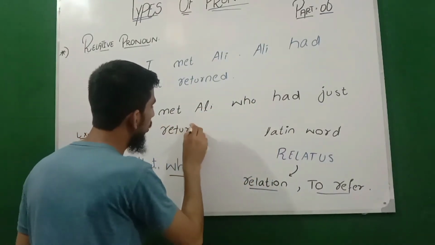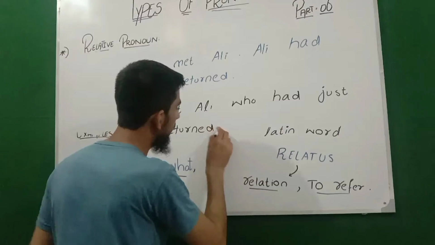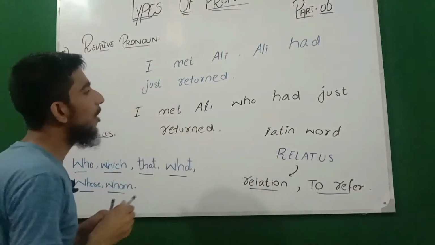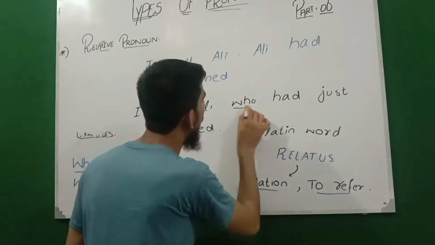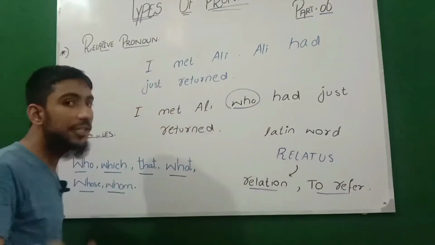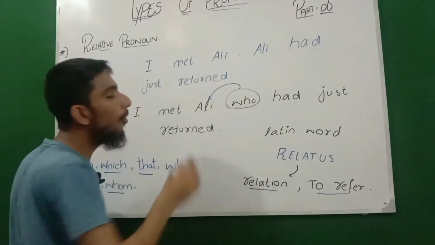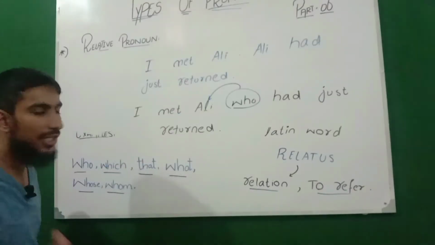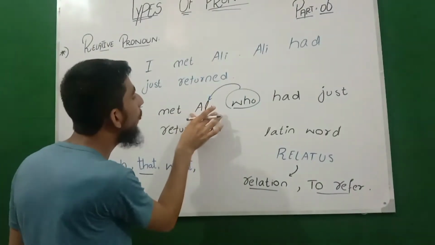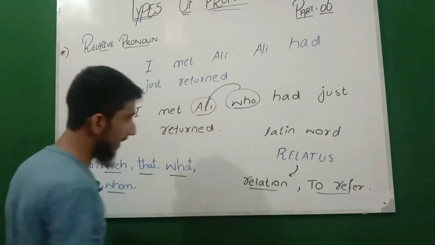Now look, who is a relative pronoun in this sentence, and it refers or carries back to the noun that was previously mentioned in the sentence. The previous noun is Ali.